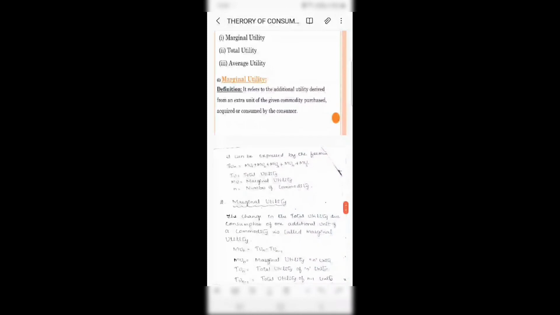It can be expressed by the formula TUn = MU1 + MU2 + MU3 + MU4 + MU5. TU means total utility, MU means marginal utility, and n is the number of commodities.